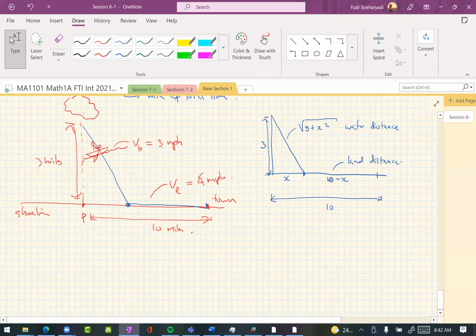The total time is the water distance divided by the speed, so that's 1/3 square root of 9 plus x squared, and this is (10 minus x)/4.